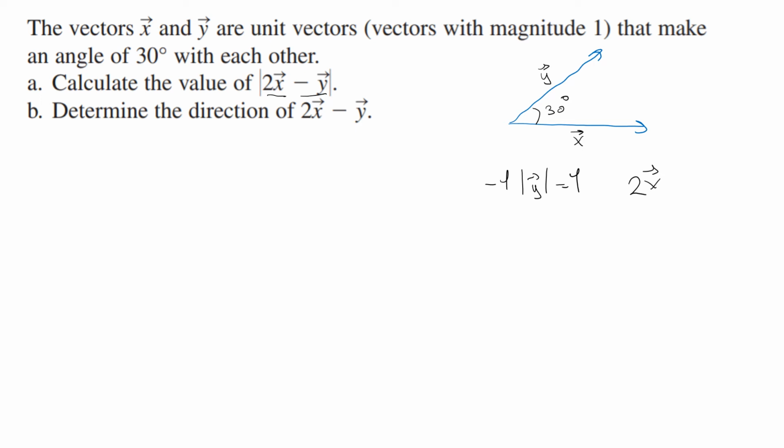So I'll redraw this with what's given to me. Because x is multiplied by 2, we double the length, and because y has a negative now, it just changes its direction, so we flip it. I also can figure out the degree between them because it didn't really change. Over here, if I didn't change y, it would be something like this, where I still have this 30 degrees between them.